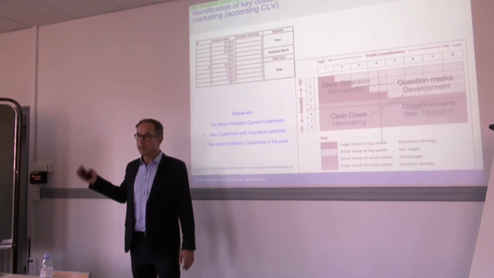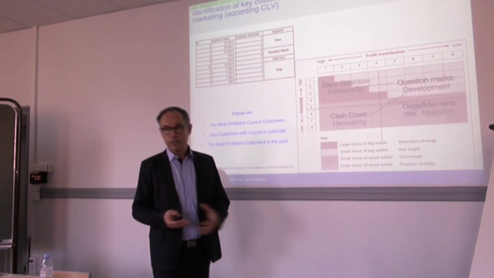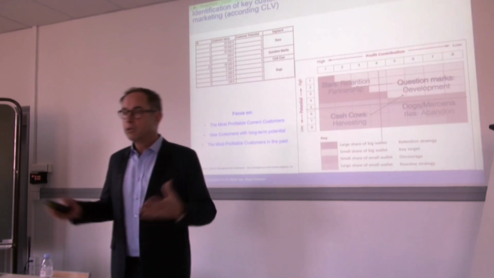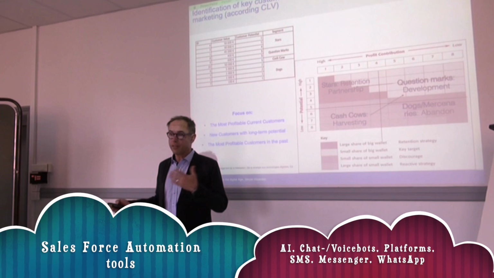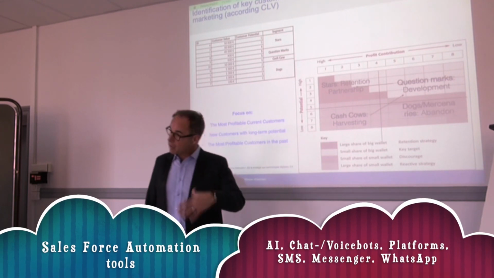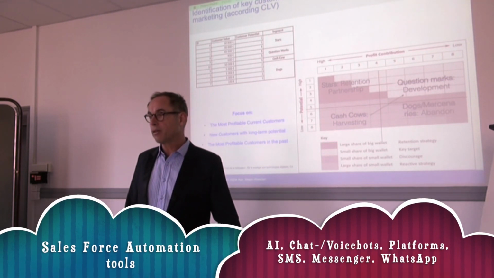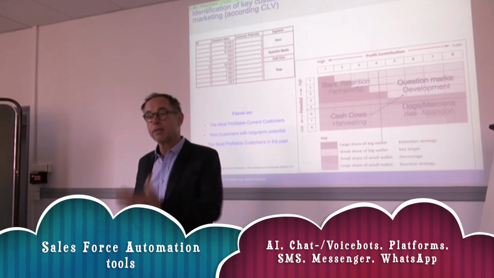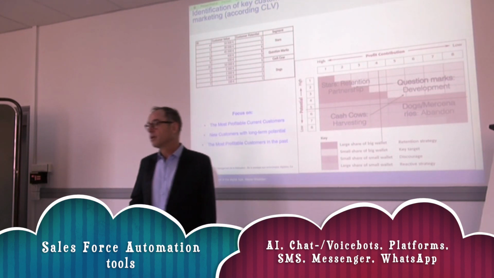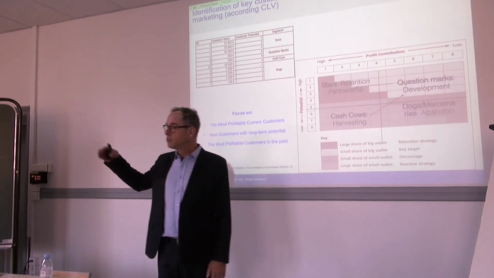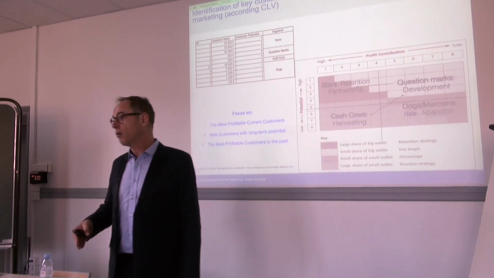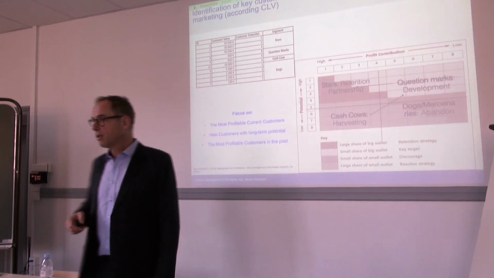Smaller customers or customers having low lifetime value are then managed through automatized artificial intelligence guided chatbots or voice bots. They can have access to platforms in an automated customer relationship management system. They are managed through SMS marketing, messaging apps like Facebook Messenger and WhatsApp.